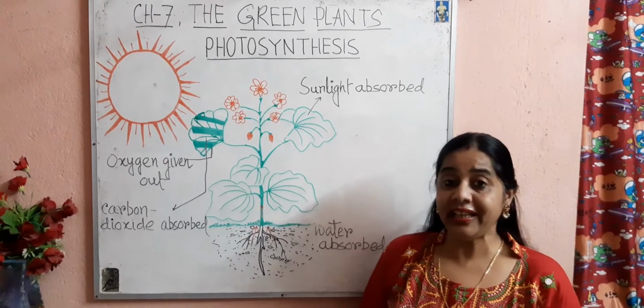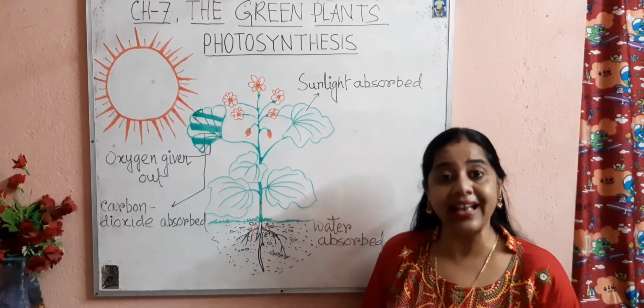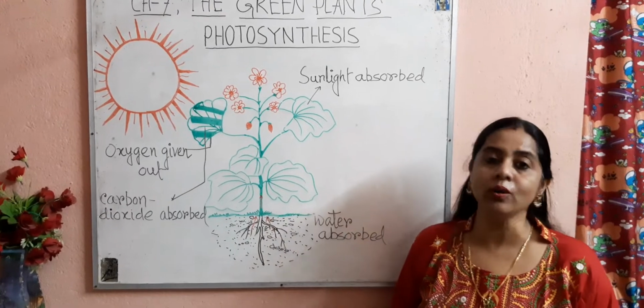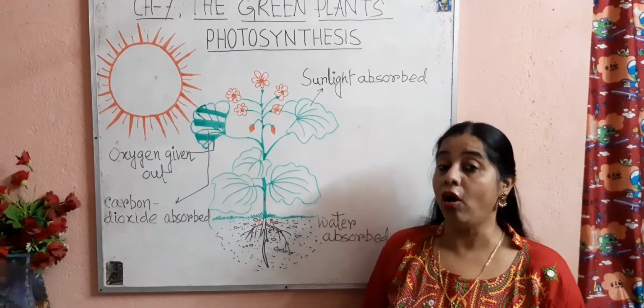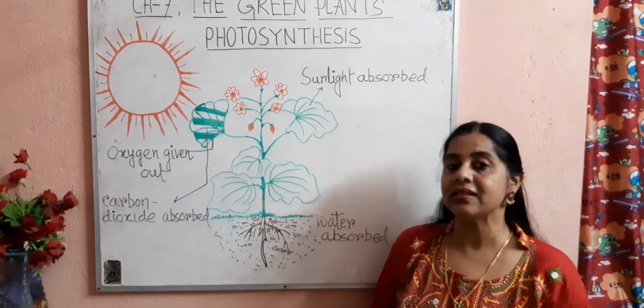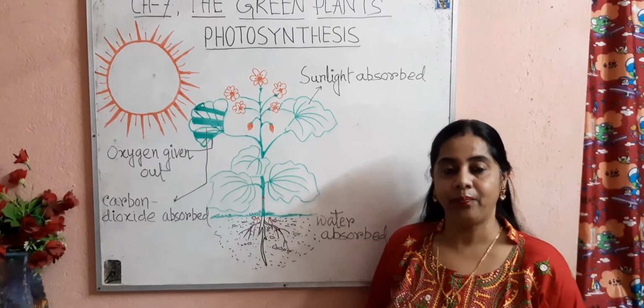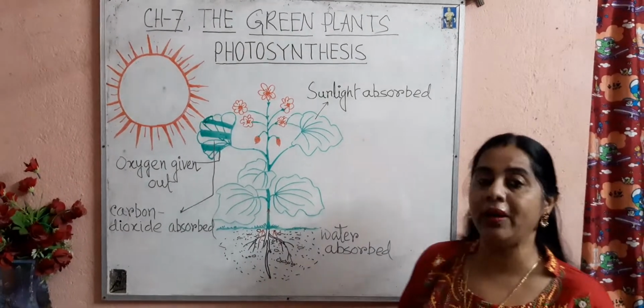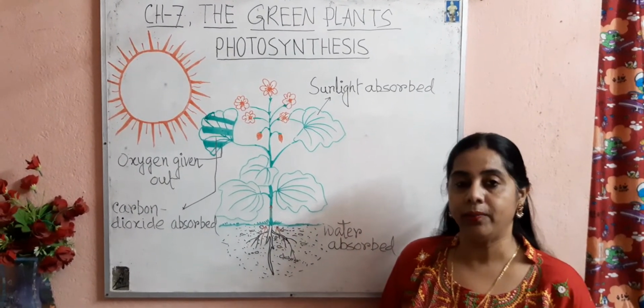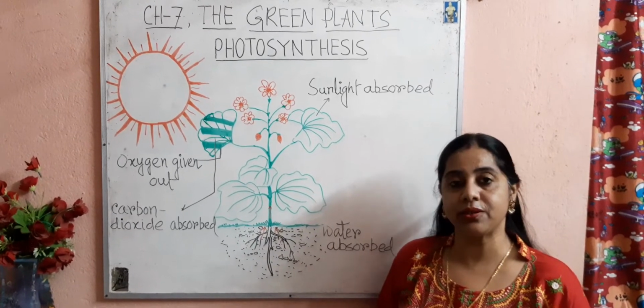This shows that oxygen gas is released during photosynthesis as an end product. That's why we always say that plants purify the air. Now students, this water vapor is also evaporated from the stomata of the leaves.